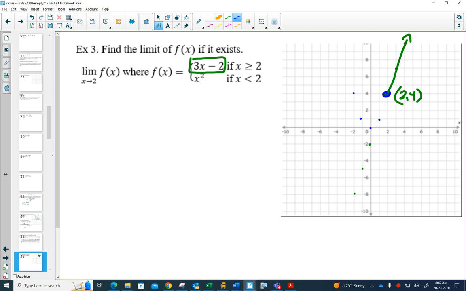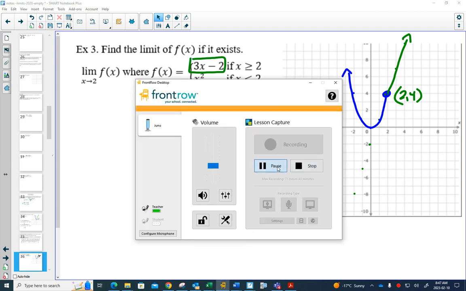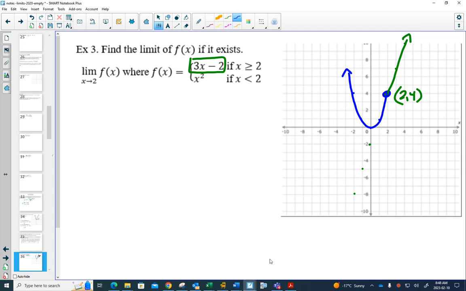And now I'm only graphing this part right here. So this one, even though there's 2 pieces, this graph, we would say, is continuous.